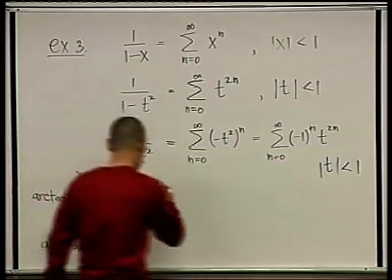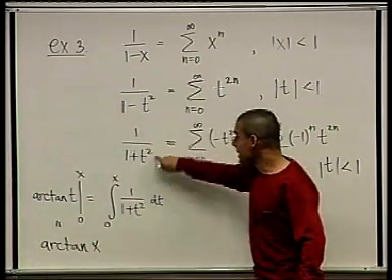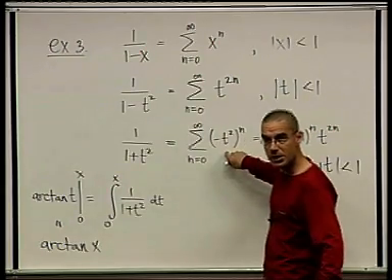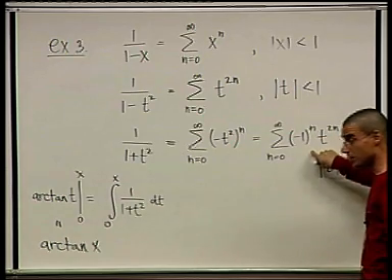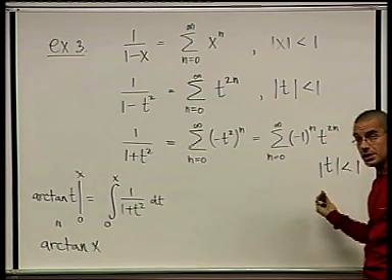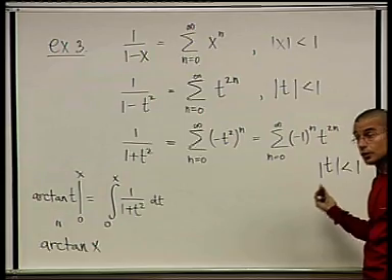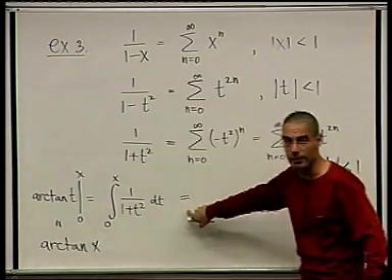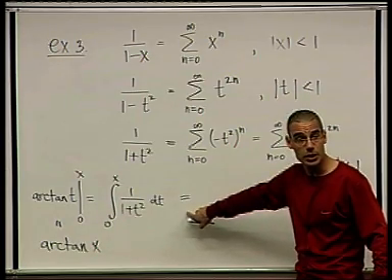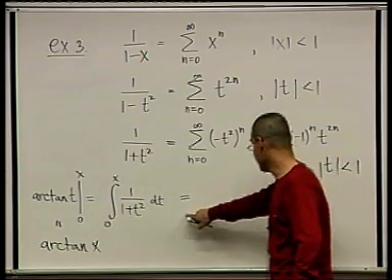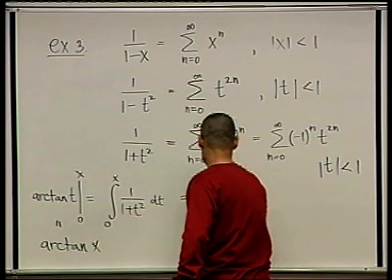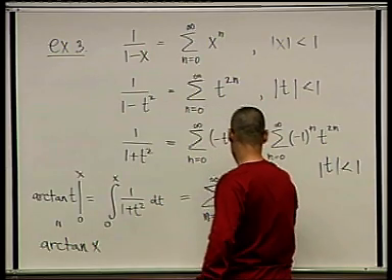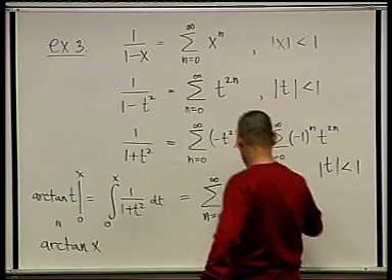On the other hand, when I integrate this, that's the same as integrating the series. How do I integrate a series? Term by term. So here I'm using the term by term integration theorem. What do I get? I get the sum n equals 0 to infinity of negative 1 to the power n.